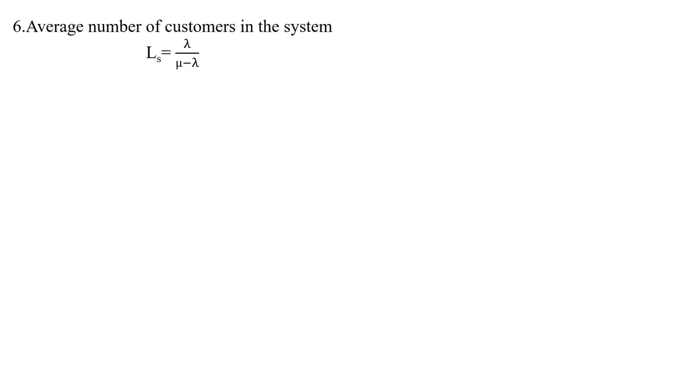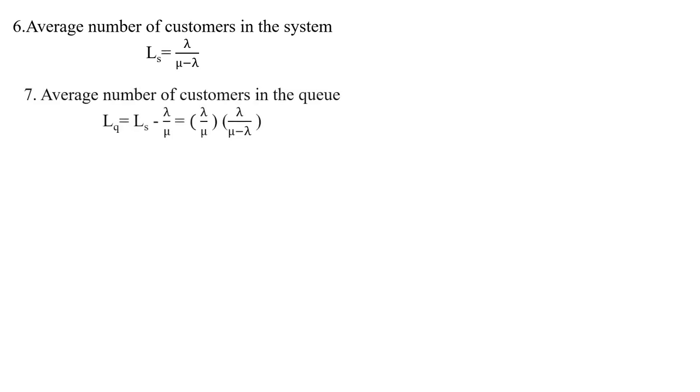The next formula is the average number of customers in the system, that is LS, equal to lambda by mu minus lambda. Next is the average number of customers in the queue, that is LQ, which is equal to LS minus lambda by mu, that is, lambda by mu into lambda by mu minus lambda.